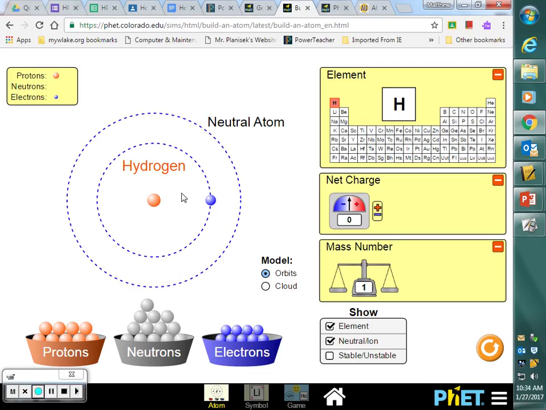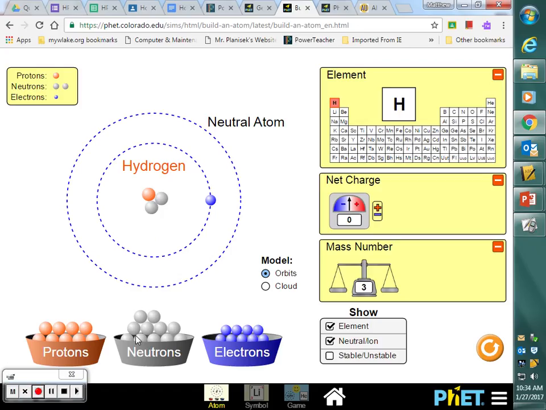So, if I take this atom that I have built up here, and I put a neutron in it, one thing changed. The mass number changed, because mass number is protons plus neutrons. So my mass number went from 1 to 2. Anything happen with the charge? No. Okay? Here, I take another neutron and I put it in the nucleus. What changed? Mass number changed, went up to 3.